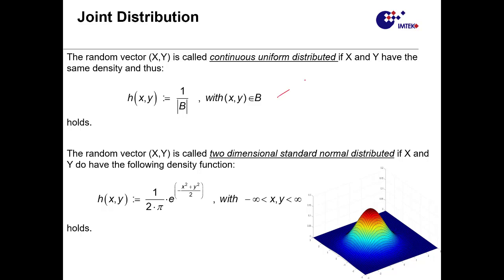And then you could also have the two-dimensional joint standard normal distribution, right? This is what I also showed in the previous slide. And now the difference is that you have x and y in the exponent of the exponential. So nothing really, you can see that it's the sum of them. This is interesting because this will help us define later how you calculate the spread of this distribution.